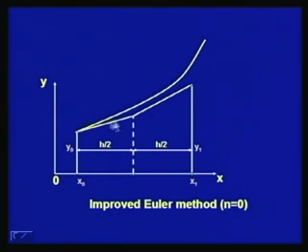So, in the interval x naught to x naught plus h by 2, we get the value of y 1 star from here, this is y 1 star, and then we continue along the straight line, this one, whose slope is f x 1, y 1 star in the interval x naught plus h by 2 to x naught plus h, that is x 1, and then at x equal to x 1, this gives us the value of y, that is y 1. So, this error is the error in the improved Euler's method in computing the value of y at x equal to x naught plus h.